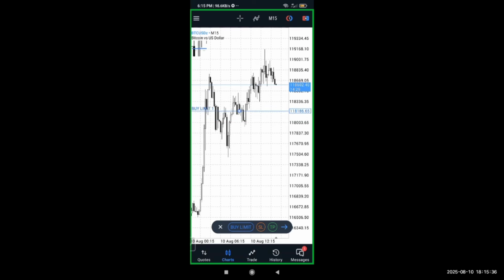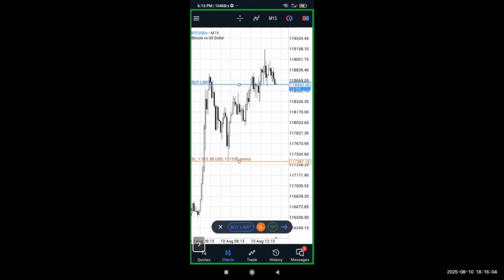That will tell me that if I were to set a buy limit order here that I'm buying, then my stop loss will be below. So this place that is showing me SL here, I am going to click it. When I click it, it will bring out the place for me to set a stop loss.